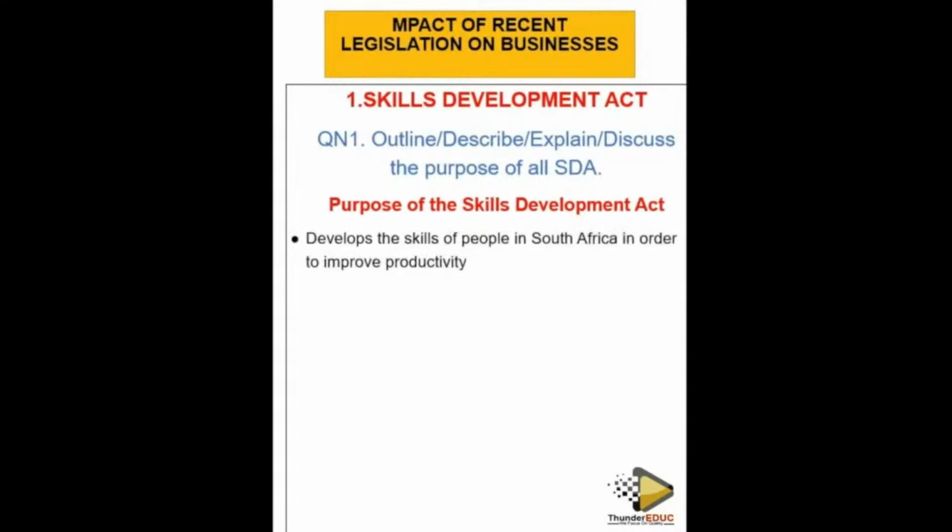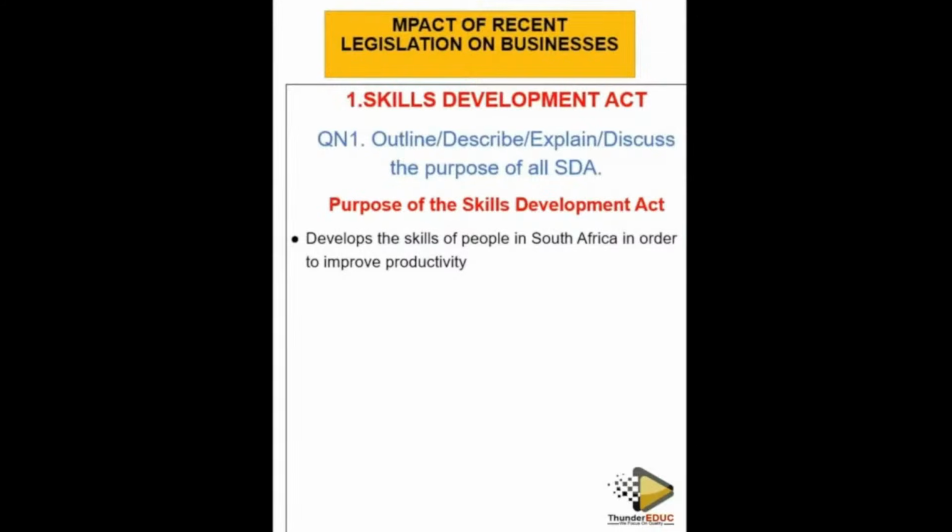So now, number one, the act was developed so as to enhance the skills of people in South Africa in order to improve productivity. So now when we talk of productivity, we refer to the rate at which goods and services are being produced, or the manufacturing, how these goods and services are actually being produced.